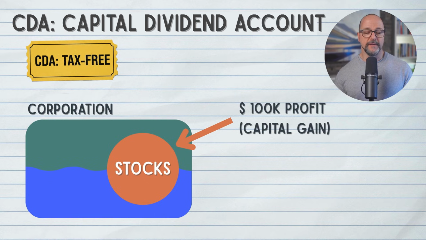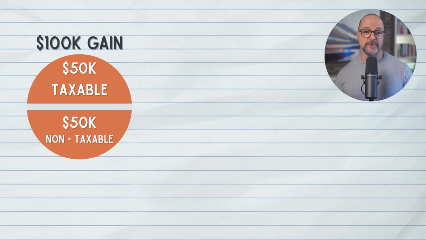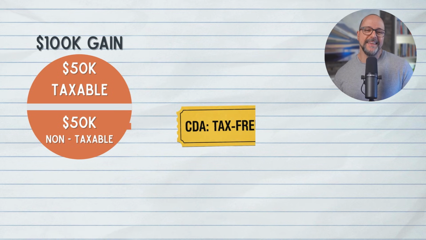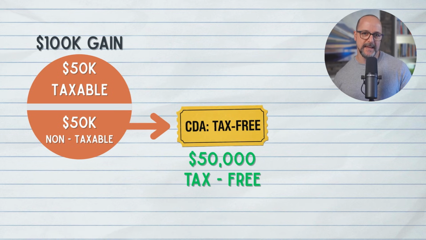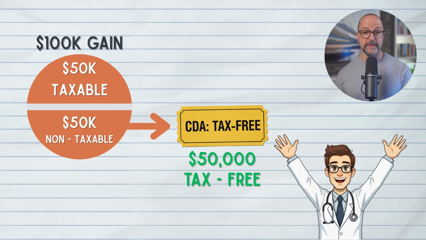Well, that profit is called a capital gain. And in Canada, 50% or half of that gain is taxable. But the other half is a tax-free half, and that gets added to his CDA balance. So essentially, Alex receives a coupon from the CRA, in this example, to take $50,000 out of his corporation completely tax-free.